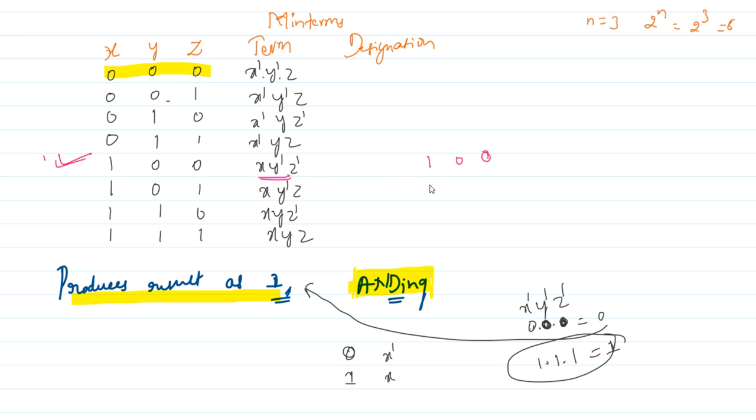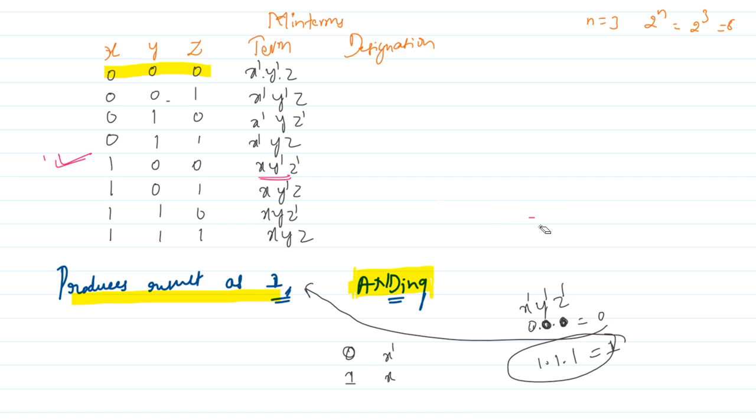X, y prime, z prime. So x dot y prime dot z prime. If I put the values, x is 1, so 1 dot. Y is 0, y prime is 1. Z is 0, z prime is 1. So 1 dot 1 dot 1. Yes, I got the result as 1. This is how you can write mean terms.